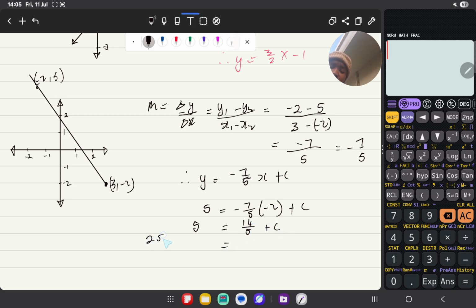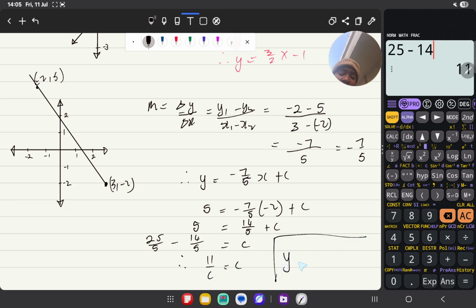Let me say I have 25 over 5 minus 14 over 5. I do the math, 25 minus 14, 11. So therefore I have 11 over 5 as my c. That would then mean that my function is going to be -7 over 5 x plus 11 over 5.